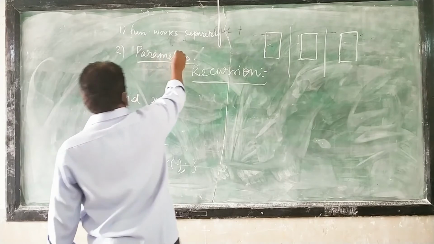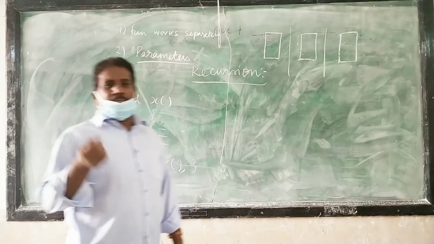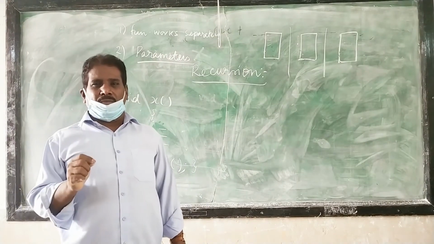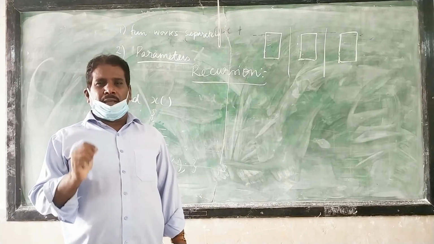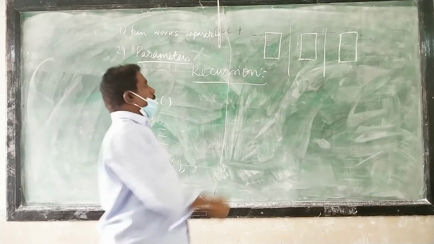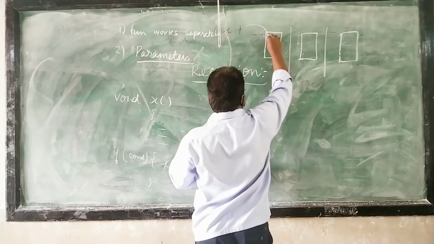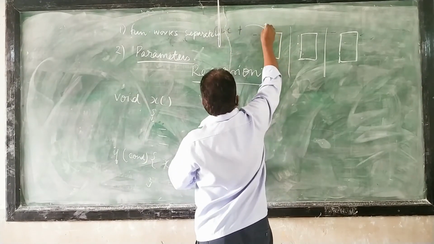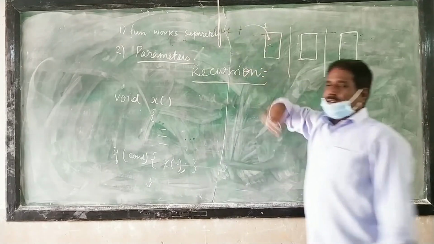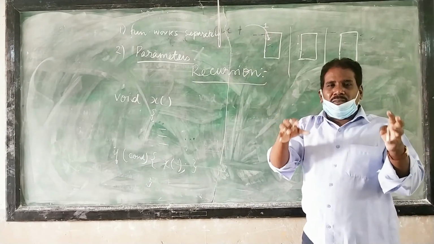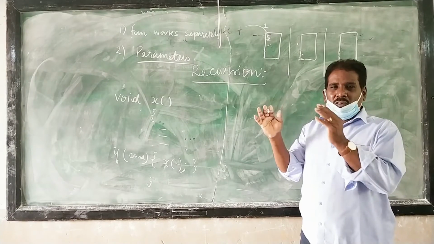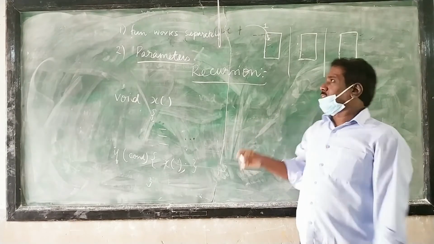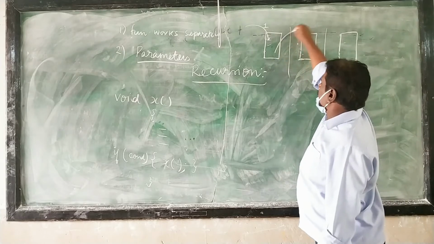Parameters play an important role in a function. With the help of parameters, we can bring any new value into the function. I can bring any number of values into the function, whatever values are needed, and from here I can take another.